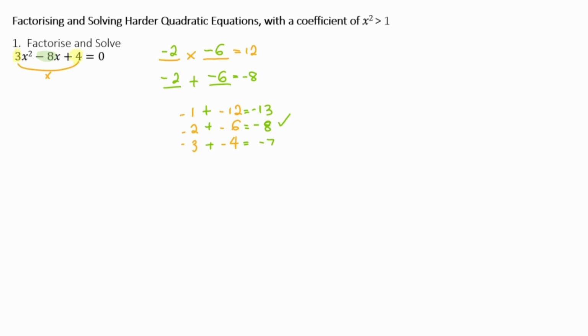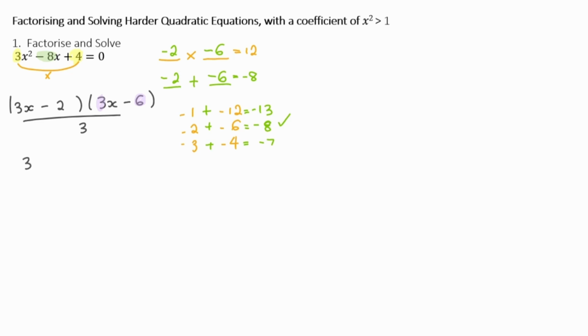So we are going to write the first term in our bracket as 3x for both the brackets. And we are going to put each factor in each bracket. For the first bracket, we could put the minus 2, and for the second bracket, we could put the minus 6. We then have to divide both the terms in one of these brackets by 3. And the bracket in which both the terms are divisible by 3 is the second bracket.